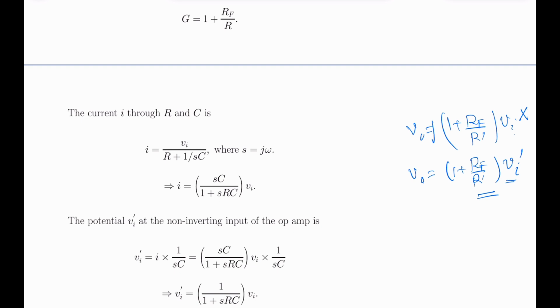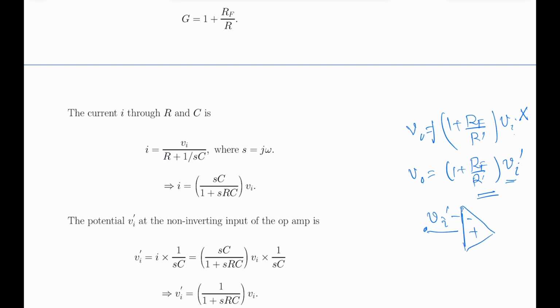So the potential Vi dash at the non-inverting input of the op amp, how much will it be? This is the potential across the capacitor, isn't it? Because one end of the capacitor is grounded. You see from the figure, this is your Vi dash. This goes to the non-inverting input of the op amp.